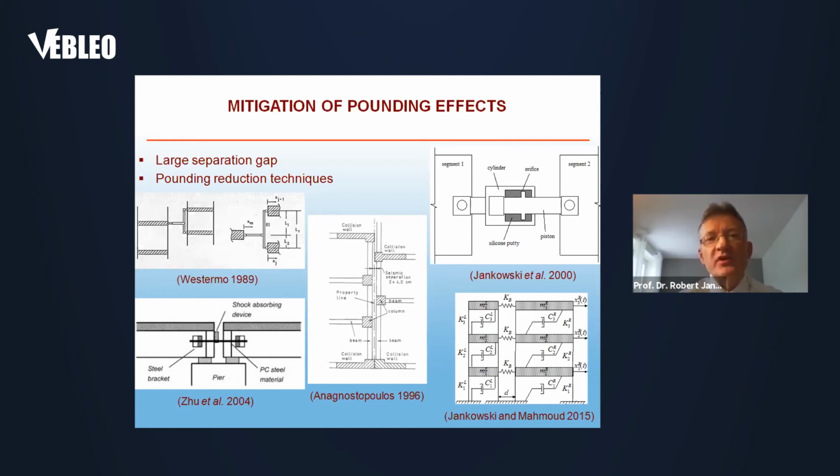Most of them deal with installing some kind of connections between adjacent buildings or adjacent superstructure segments by means of springs or dampers, or both linear viscoelastic elements, also using some shock absorbing devices, for example. Also, there was the idea of using so-called collision walls so as to prevent structural damage due to structural pounding at the points of contact.